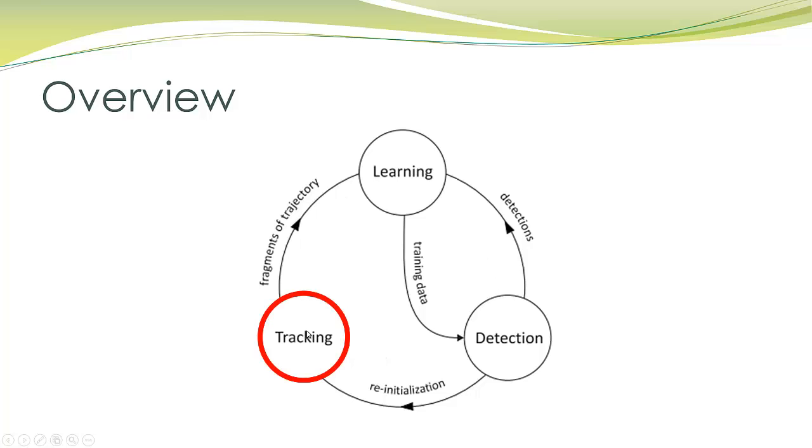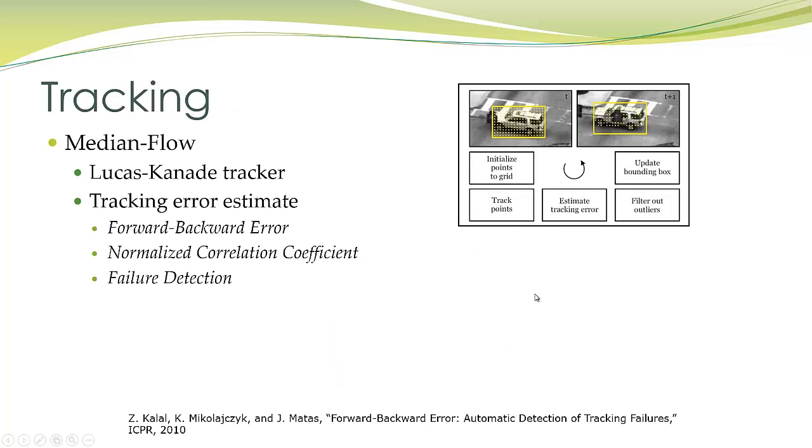Okay, first let's take a look at the tracking component. Simply put, the tracking is doing a basic tracking job, just like every other tracking algorithm. The authors proposed an improved optical flow method, which is called median flow.